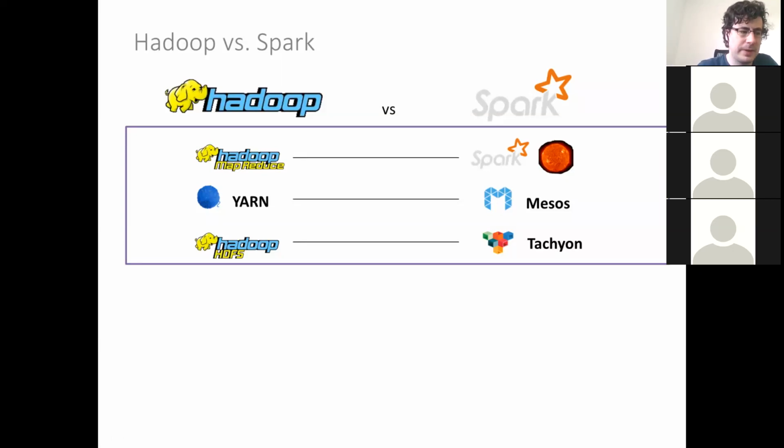I'm not going to speak that much about administrating clusters in this course, in terms of the system administration side of things. But Yarn is the resource allocator for Hadoop. The equivalent here is Mesos for Spark, although Spark can use Yarn. And there have also been different types of distributed storage proposed for Spark, although Spark can use HDFS at least for input for its RDDs.